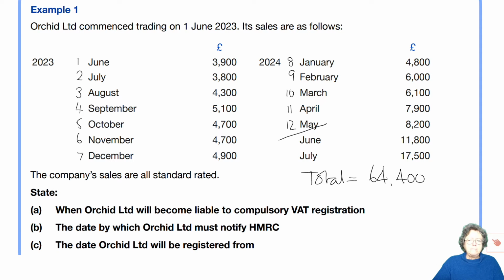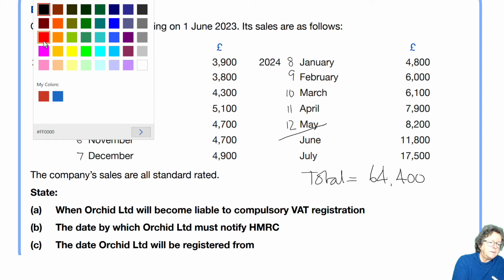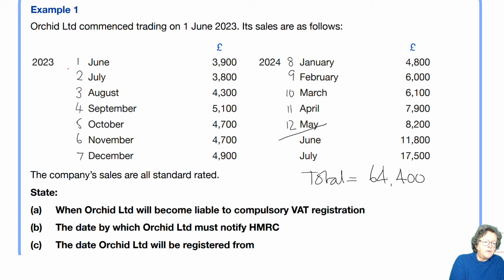So what you now need to do is to roll that 12-month period forward. Let me change the pen so you can see the colour. So we ignore that first one, but we add on this one. So that becomes 1, 2, 3. I'm doing it very basically here, just so that you understand the concept of how this works.